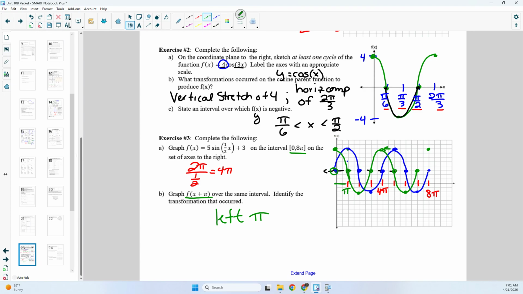And I have to go one more, just following the pattern, because I want to make sure I go out to 8 pi. So I would definitely label these. So my green graph is f of x plus pi, and my blue graph is just f of x. So I can see which is which. We can see the graph is moved to the left pi.